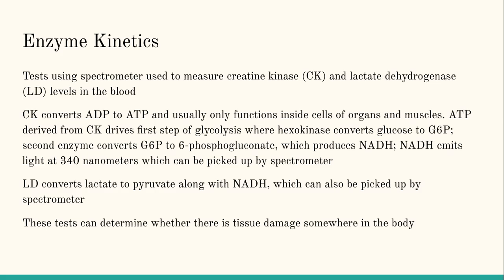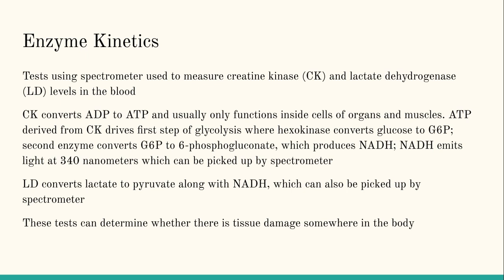Now the next portion we're going to do is enzyme kinetics. Tests using a spectrometer are used to measure creatine kinase and lactate dehydrogenase levels in the blood. Creatine kinase is an enzyme that helps convert ADP to ATP and usually only functions inside the cells of organs and muscles. ATP derived from creatine kinase drives the first step of glycolysis, where hexokinase converts glucose to G6P.